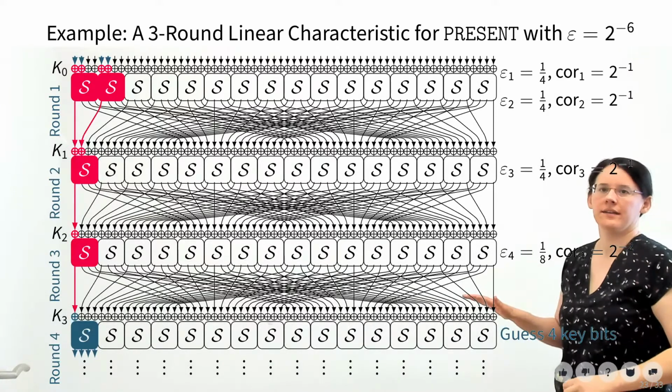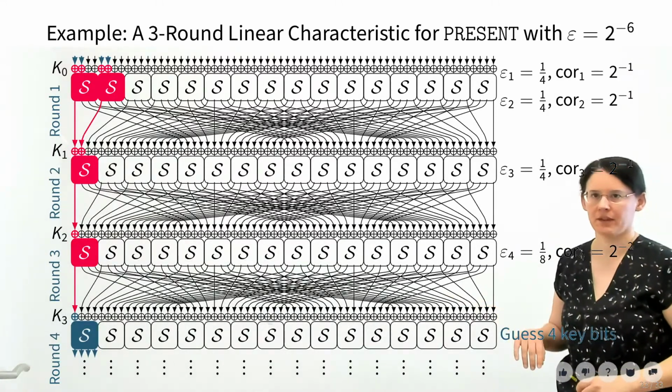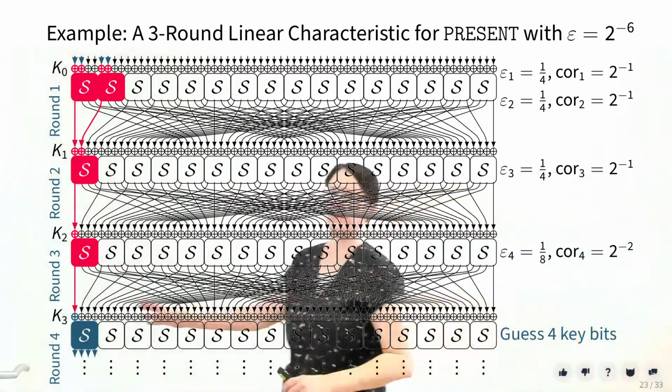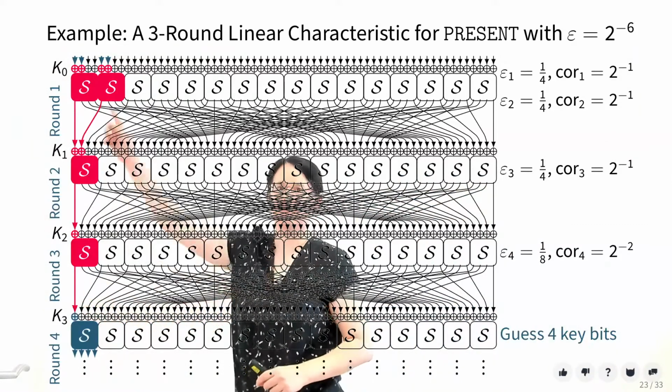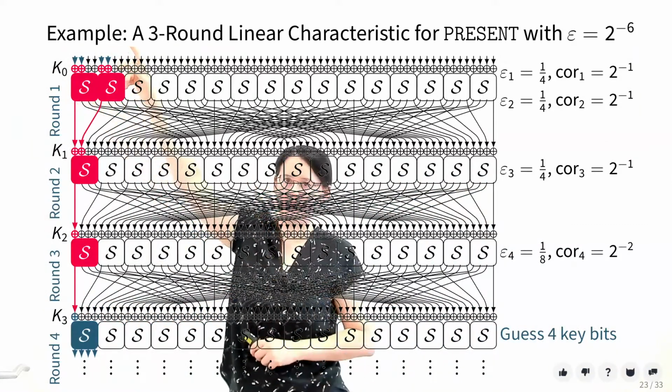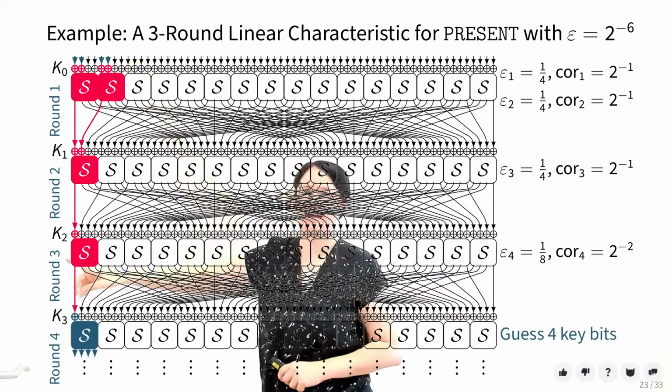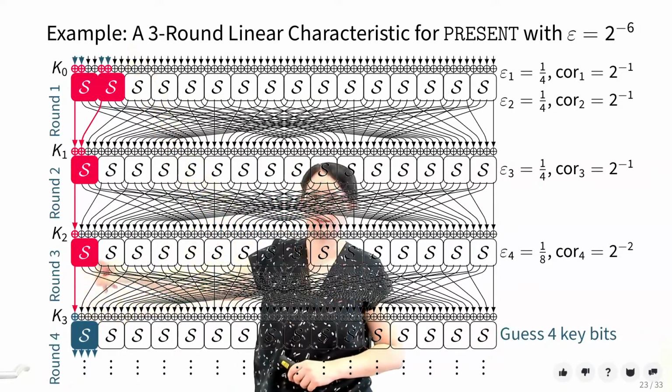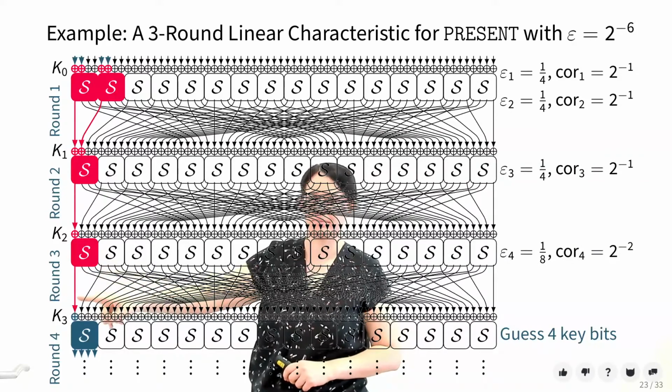And how could I now check this? How much do I need to guess to verify this bias? I need to know these 4 bits here. I can read that off directly from the plain texts. And I need to know this 1 bit here to evaluate my equation.